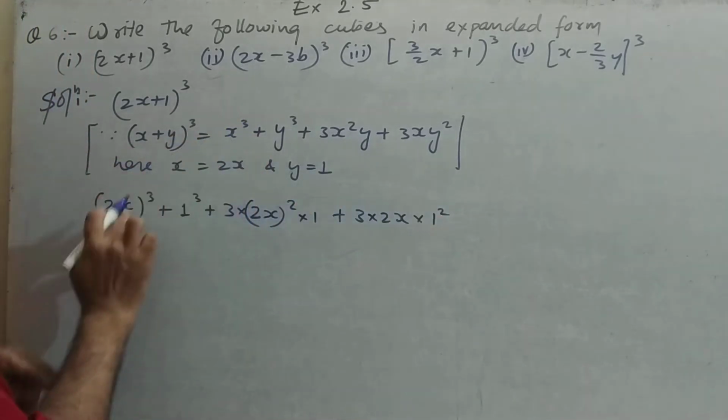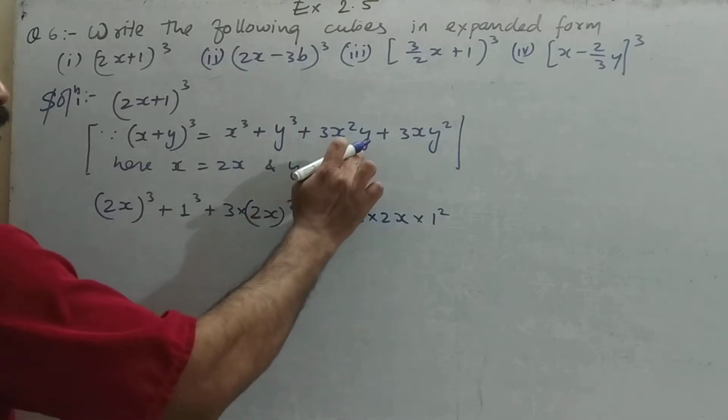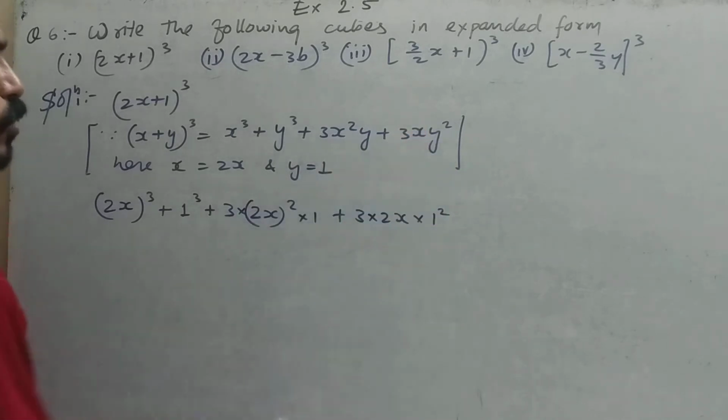This is the expanded form: x cube, y cube, 3x square y, plus 3xy square.